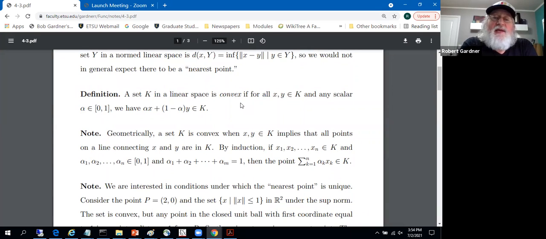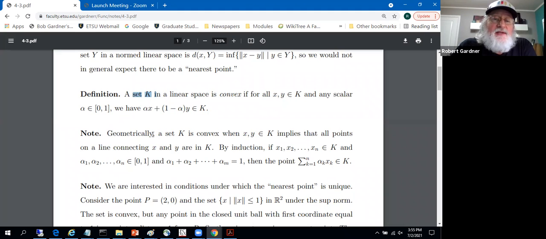A set K in a linear space is said to be convex if for all vectors X and Y in that set and scalars alpha between 0 and 1, we have alpha X plus 1 minus alpha Y is an element of K. Now, your intuition in Rn is pretty useful here.